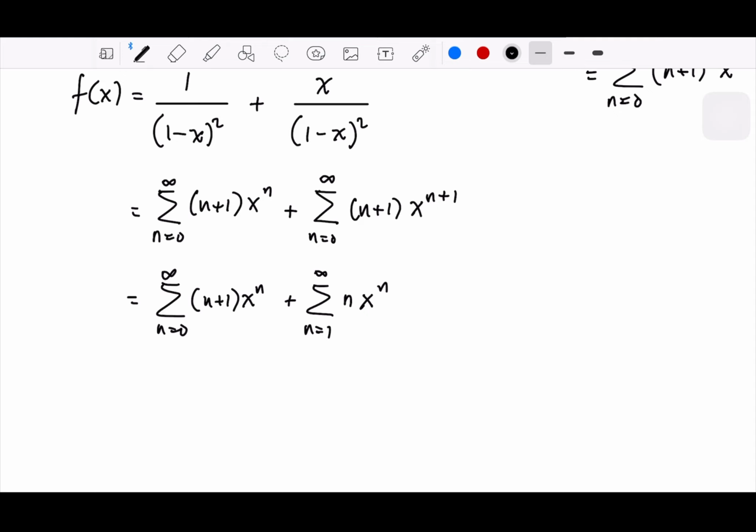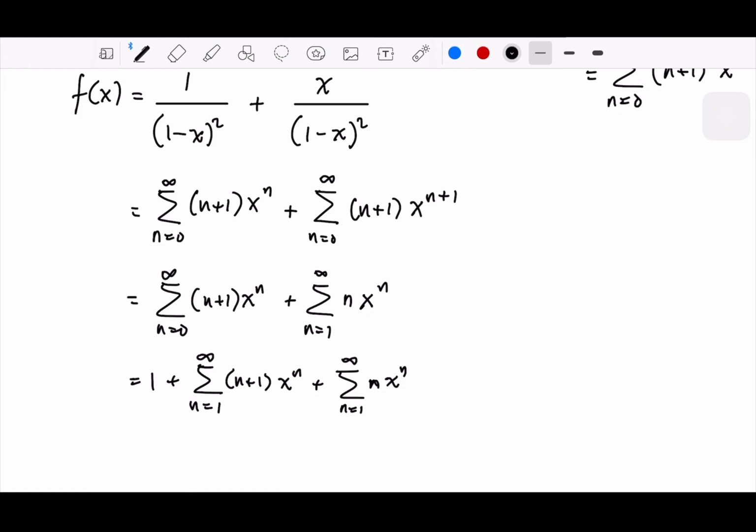So we can write 1 plus the rest. We exchange the n, and then we need to extract the other one. So we extract the 0 term and make it into 1. So the rest of the series will be plus the series from n equals 1.